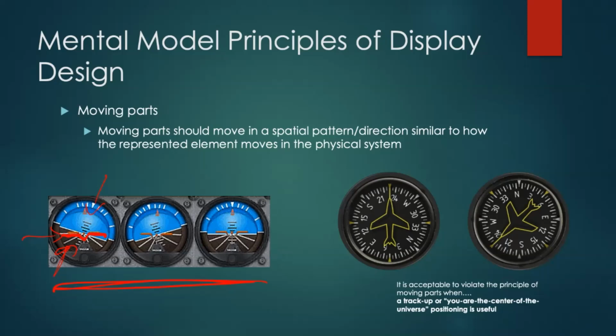However, it's important to know that we're actually much better at rotating the world around us conceptually and in our minds than we are at rotating ourselves in the world. All right, so this display over here on the left, that airplane is always going to be pointing in the direction it is. And what moves are the numbers and directions in the background.